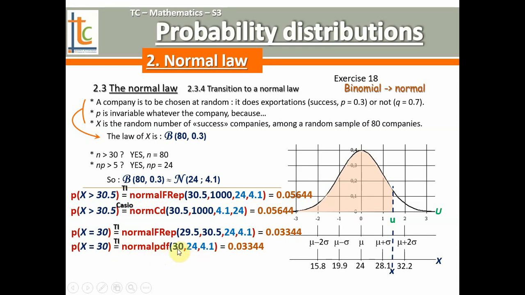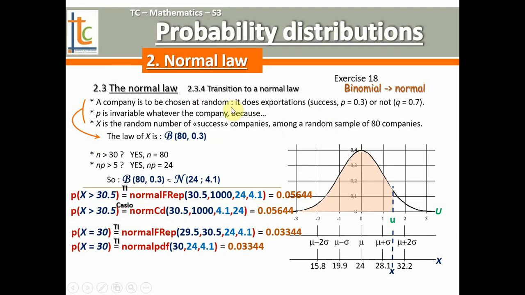You just have to mention the value 30, and then the two parameters of the law. So normal FRep is there to give an interval. Normal PDF is there to target one value if you come from a discrete random variable.